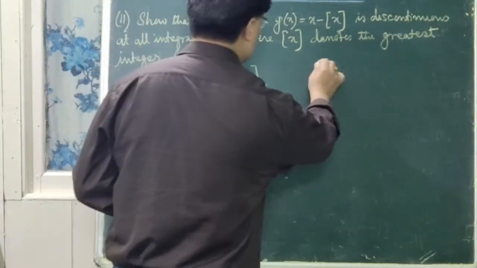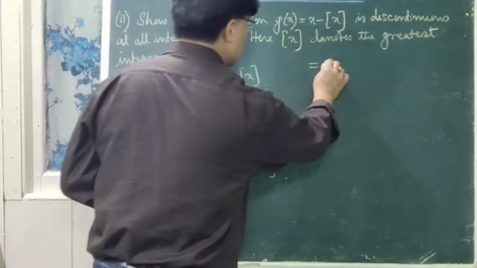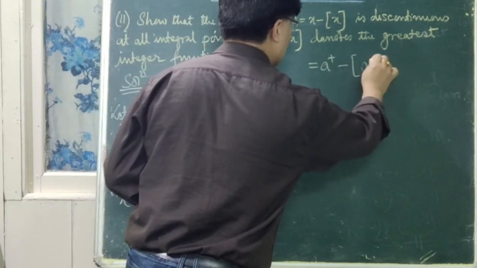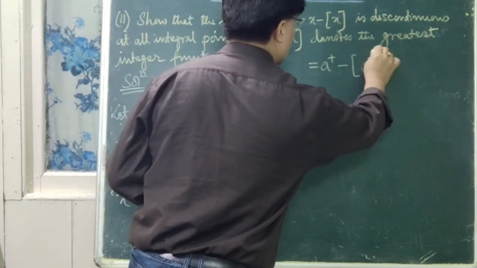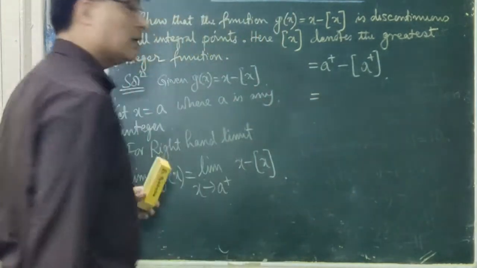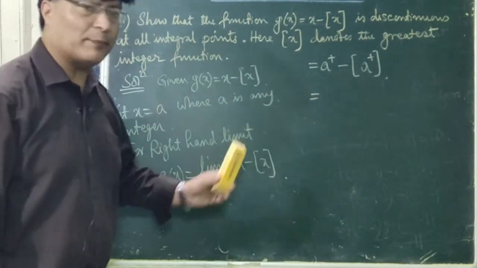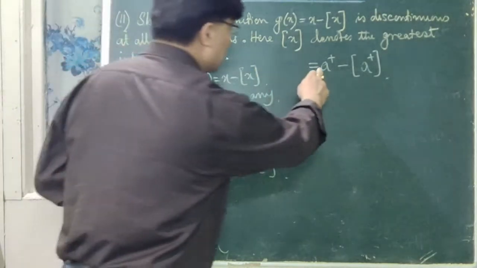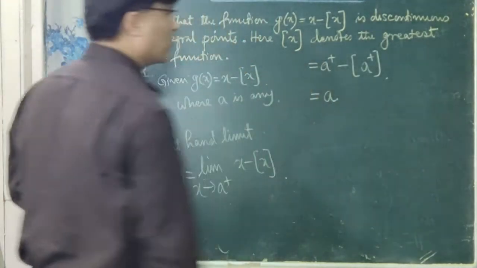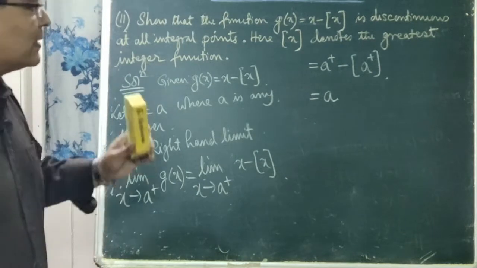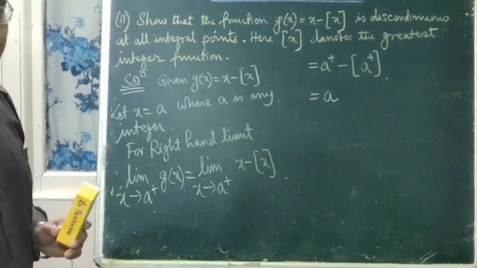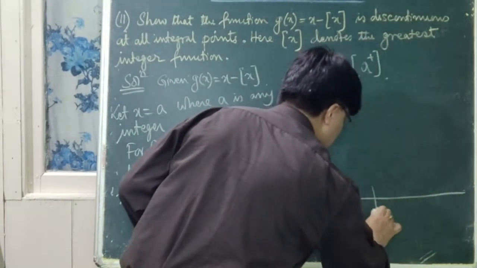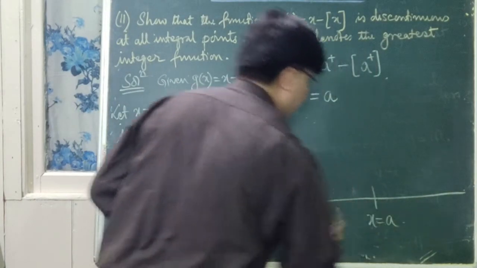So instead of x this is a plus, minus within third bracket there is also a plus. Actually x tends to a plus means x is approaching towards a from the right hand side. You can put here a plus a is a only, but what is meant by that is greatest integer function a plus. So let us draw a number line. Suppose this is x exactly equal to a.